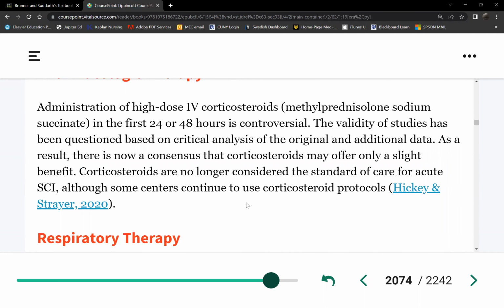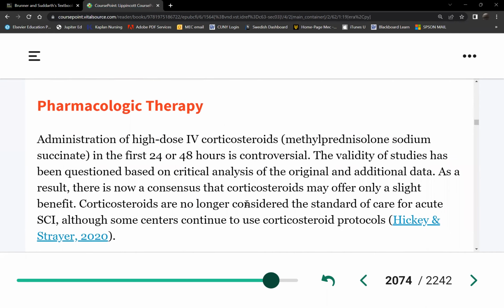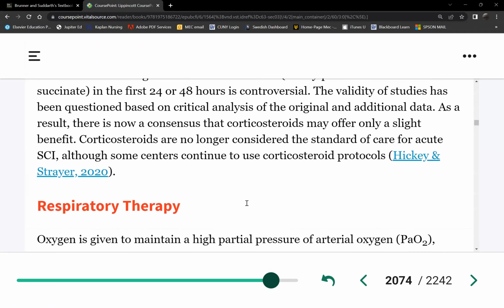It's not really used widely, if the hospital chooses to. But what they're saying is there's really no evidence of benefit to the spinal cord injury patient, meaning it doesn't show that steroids would facilitate recovery or prevent new complications. Okay.